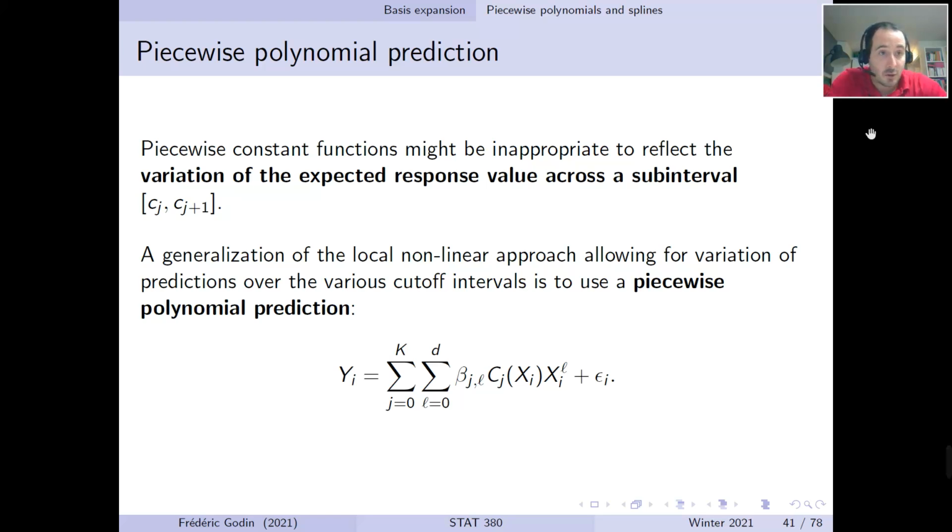So we then introduced a new approach which was deemed local, where when you switch one of the parameters in the prediction model, so one of the beta, the predictions shift for a certain amount of values for the associated predictor, but not for other values.